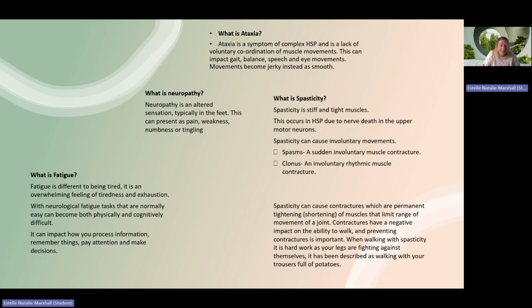What is fatigue? So fatigue is very different to being tired. When you're tired, you can push through. When you've got fatigue, it's difficult to do tasks. Tasks that are normally easy become hard.